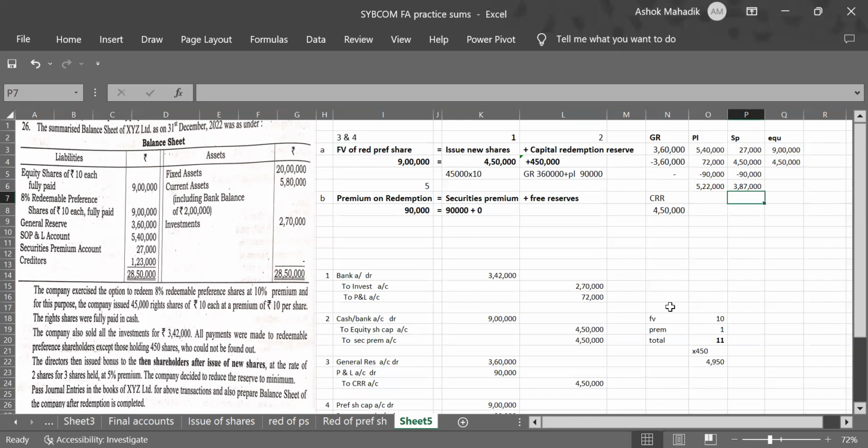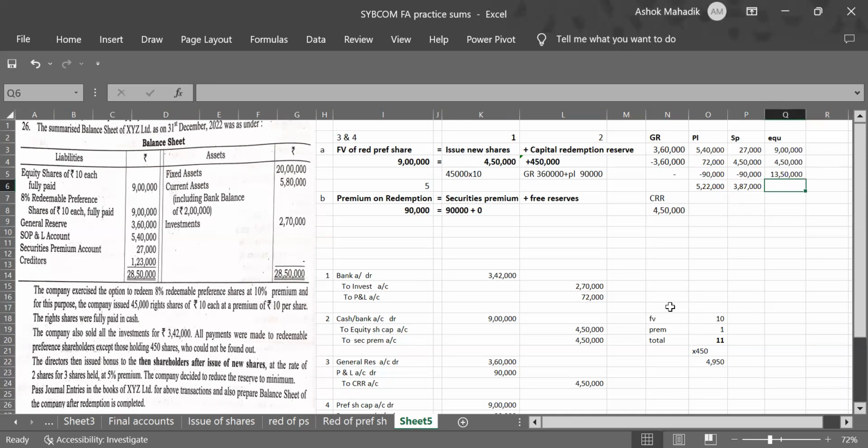Okay, what about equity shares? Opening was 9 lakhs, then we further issued 4,50,000. So let us see what my total share capital is as of now. 9 lakhs plus 4,50,000, so 13 lakh 50,000 is the total share capital with me. See, if you want to find the number of shares, you can easily do it. One share is of 10 each.